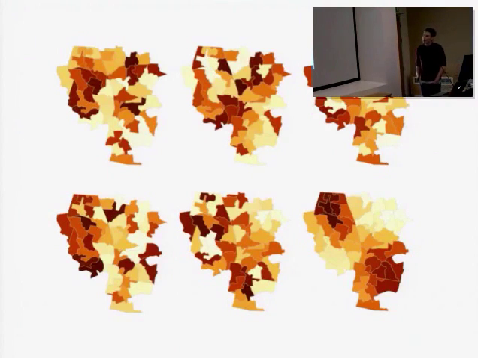The problem with this, though, is that the de facto way of looking at autocorrelation is to compare against complete spatial randomness. That is to assume that there's no dependency between space and the thing that you're looking at, unemployment in this case, and randomly permute these values around to create decoys that look something like this.